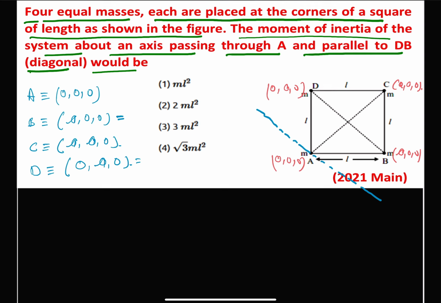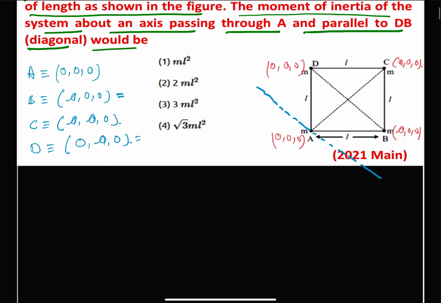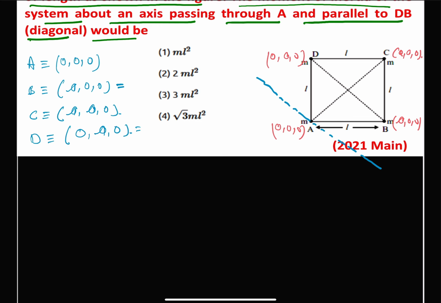The axis of rotation is parallel to our DB, so first let's find DB, and from that we can find the equation of the axis passing through point A. Determine the axis of rotation.